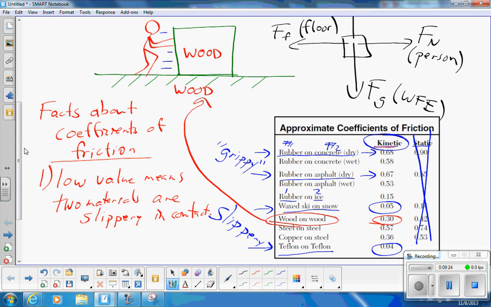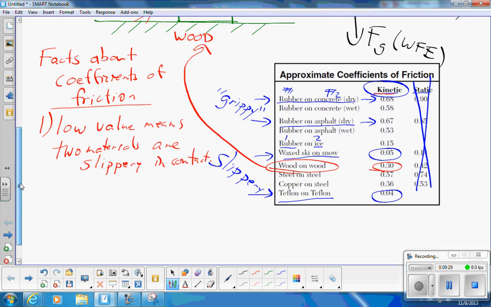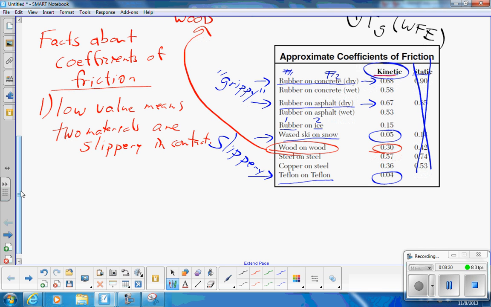So that would be a low coefficient of kinetic friction. Two, I remind you that they have no units. It's a dimensionless quantity.